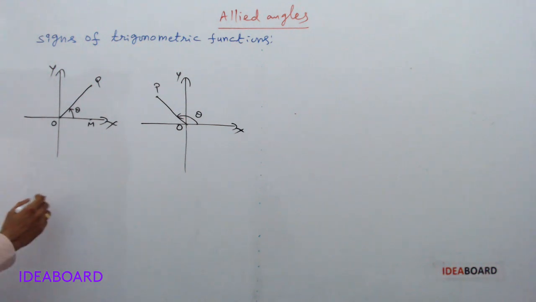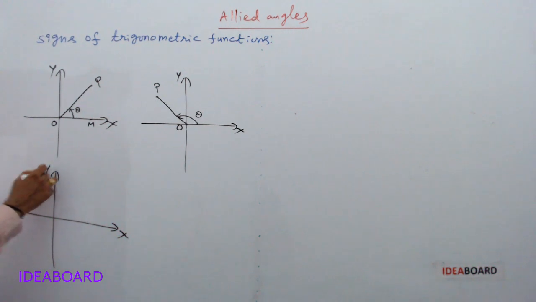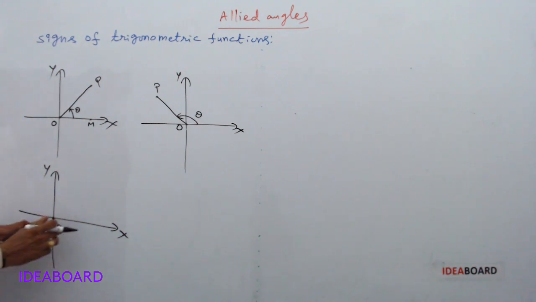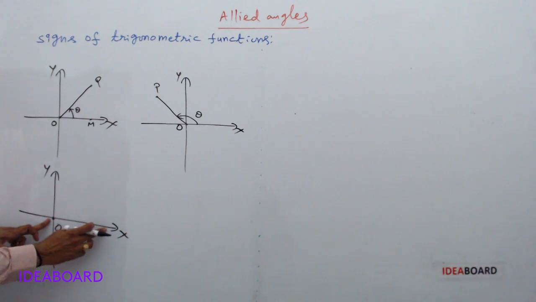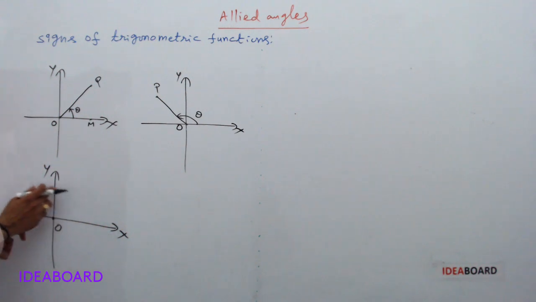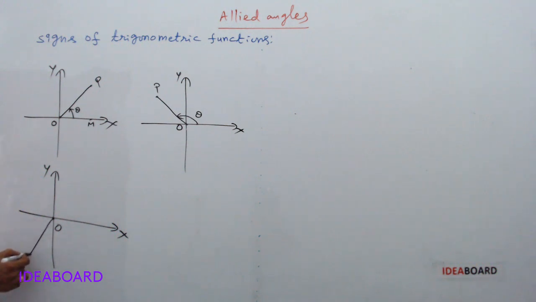Now, third case, x-axis, y-axis. Let me take this as the point O. Let the revolving line start from the positive direction of the x-axis and move to the position OP. The point P lies here in the third quadrant, and it makes an angle theta.